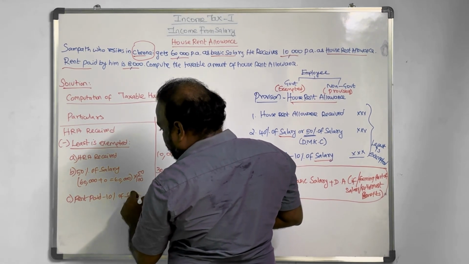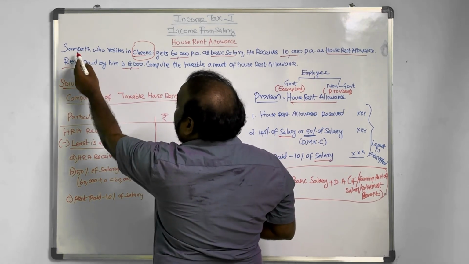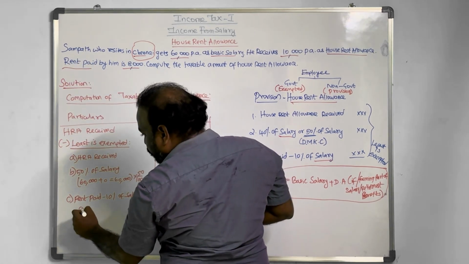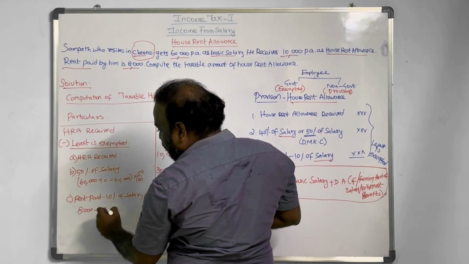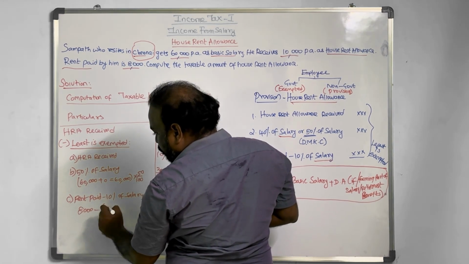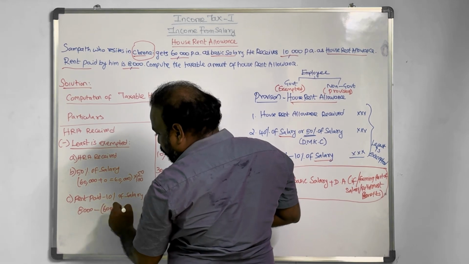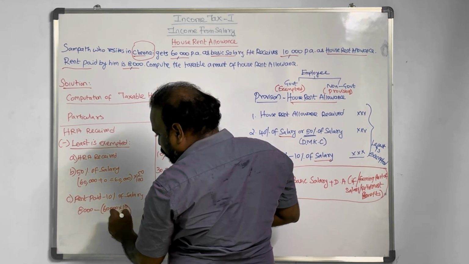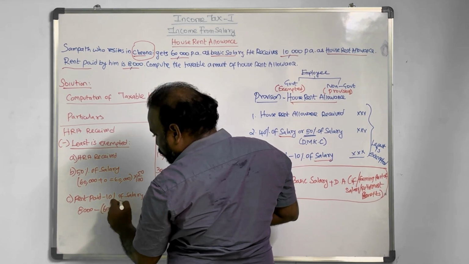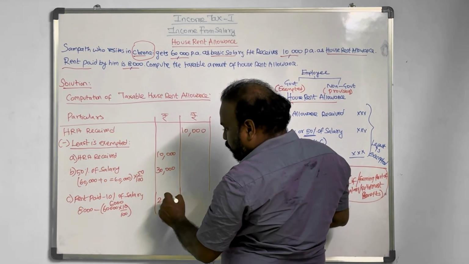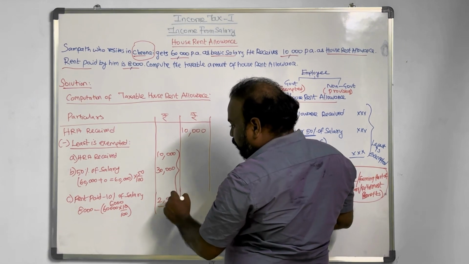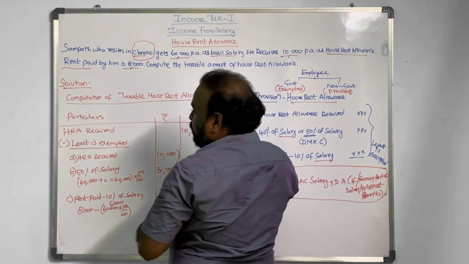The rent paid by Sambat is 8,000 minus 10% of salary. Salary here is 60,000, so 10% is 6,000. So 8,000 minus 6,000 is 2,000. In that, the least is exempted.